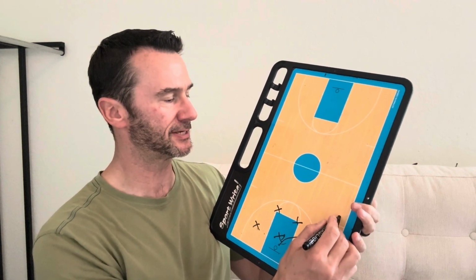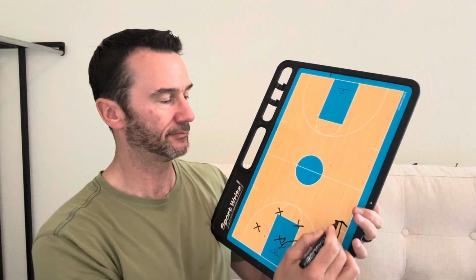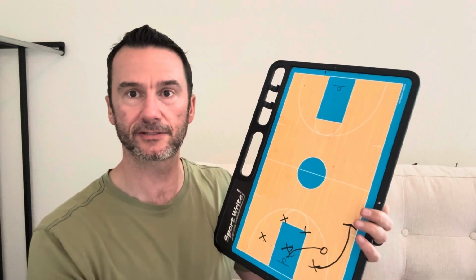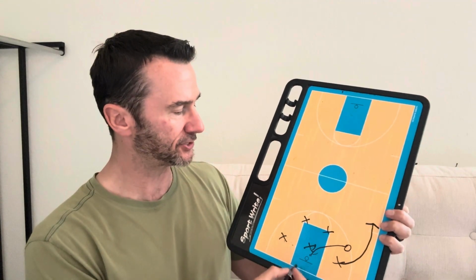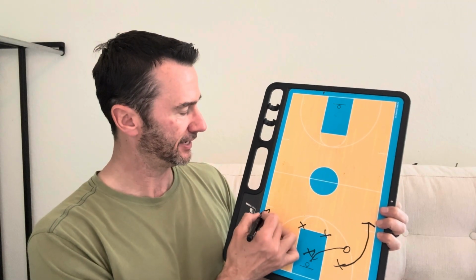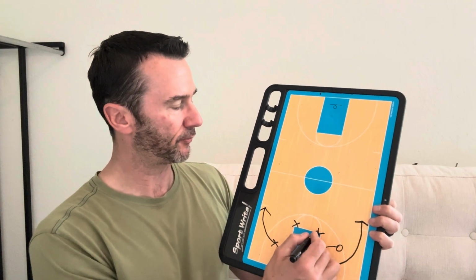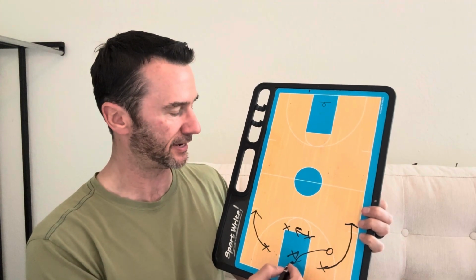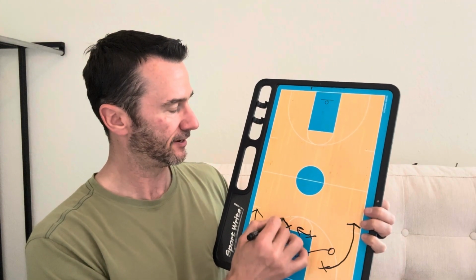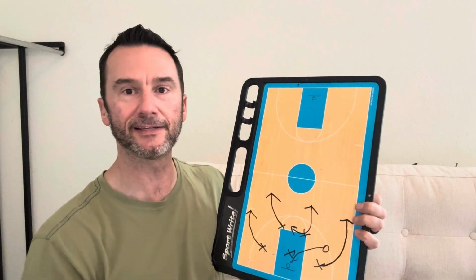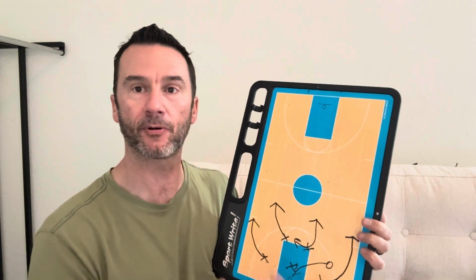If you're not sure what this is, I want you to look up a YouTube video on transition offense, and I'll link one of my videos if you want to see mine. But essentially, they have two guards just immediately getting into these lanes, and they have the point guard going right to their spot, and then they have everybody diving down the other side of the court, and they have that part set up.